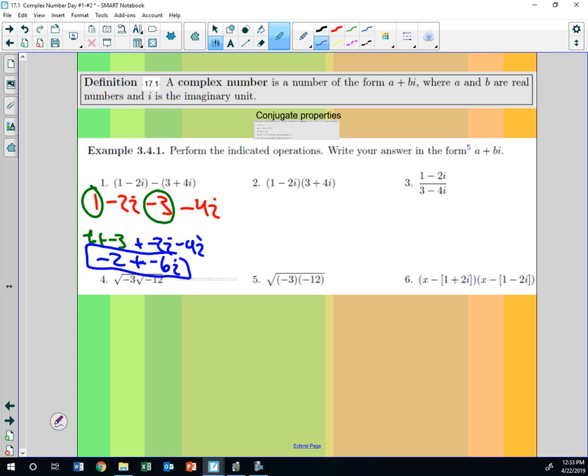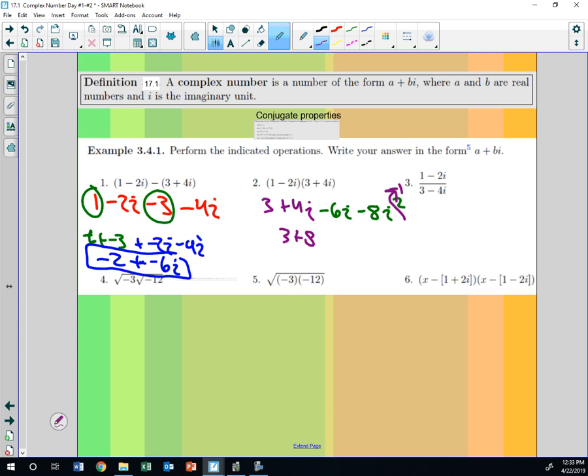We're going to multiply 1 minus 2i by 3 plus 4i. So we'll FOIL it. 1 times 3 is 3. 1 times 4i is plus 4i. Then we're going to take negative 2i times 3 is negative 6i. Negative 2i times 4i is negative 8i squared. Now what did I say i squared was? Negative 1. So you're going to have 3 plus 8.